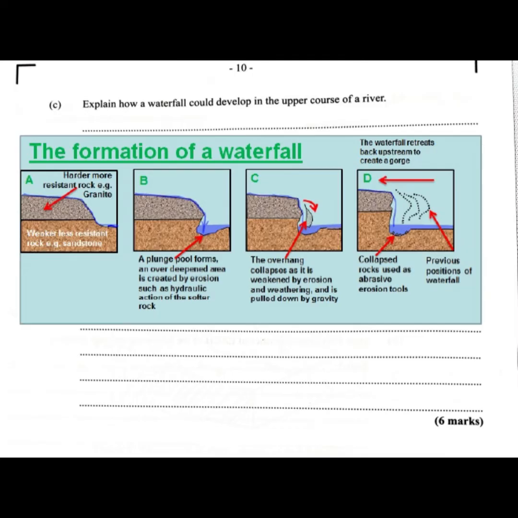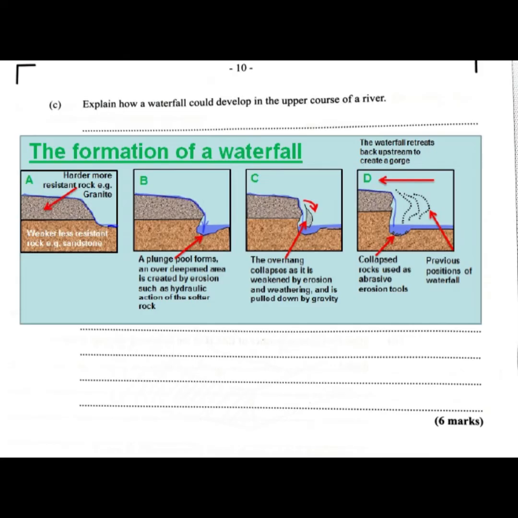As the waterfall flows over, the plunge pool is dug deeper, and this is usually due to erosion such as hydraulic action. The plunge pool eventually will cause the overhanging cliff face to fall off, because the root will be weakened, which basically leaves no support for the cliff itself.